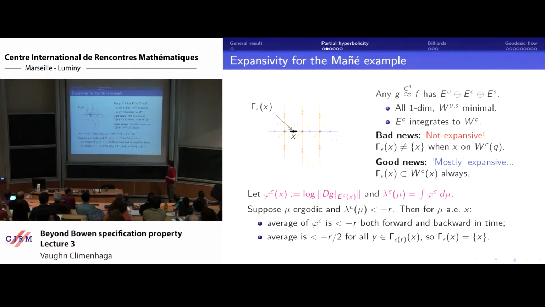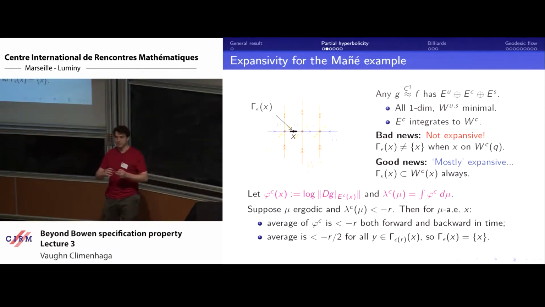So you can choose an epsilon, depending on r, such that if another orbit remains within epsilon of u for all time, then the average is less than, say, -r/2, and that gives you enough contraction and expansion, well, in this case, I guess, yeah. That gives you enough hyperbolicity on the bi-infinite Bowen ball to guarantee that that is, in fact, a single point.